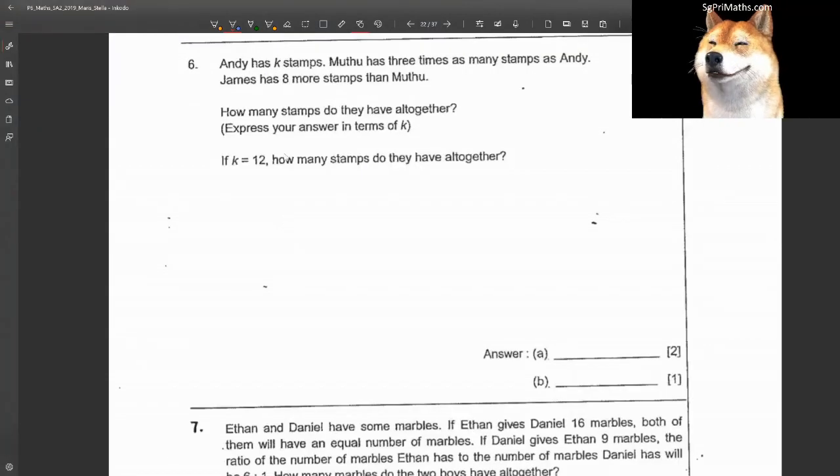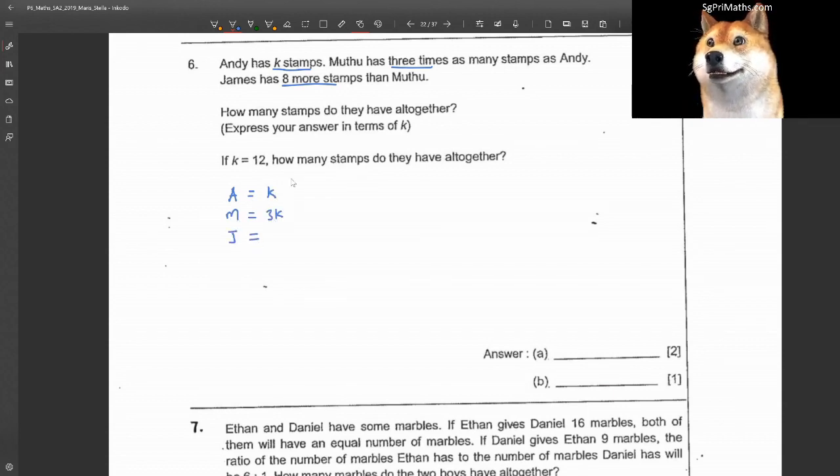Question 6. Andy has K stamps. Muthu has 3 times as many as Andy, and James has 8 more than Muthu. How many stamps do they have altogether? Express your answer in terms of K. So Andy has K stamps. Muthu has 3 times as many, so it's 3 times K, which is 3K.